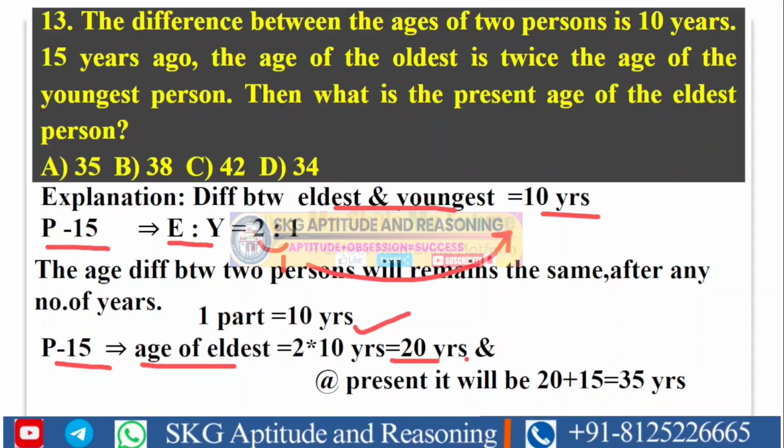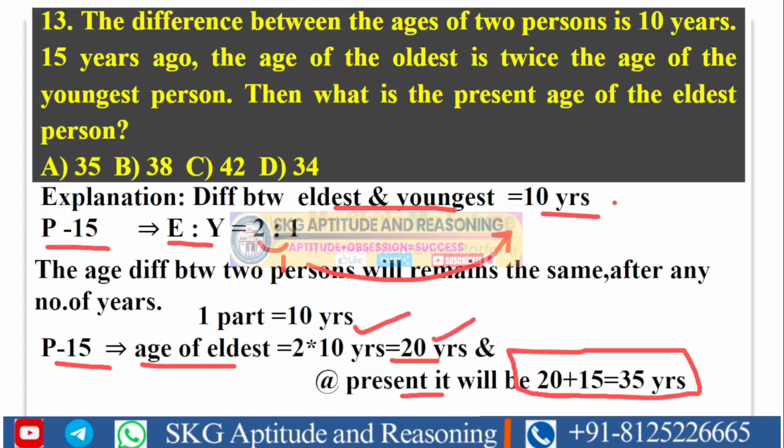And we need to find the present age of the eldest person. 15 years ago, the age of the eldest person was 20 years. But we need to find the present age. So in order to get the present age, the same value, 15, needs to be added. So the present age of the eldest person will be 35 years. Suppose the question asked for the present age of the youngest person, it would be 25 years.